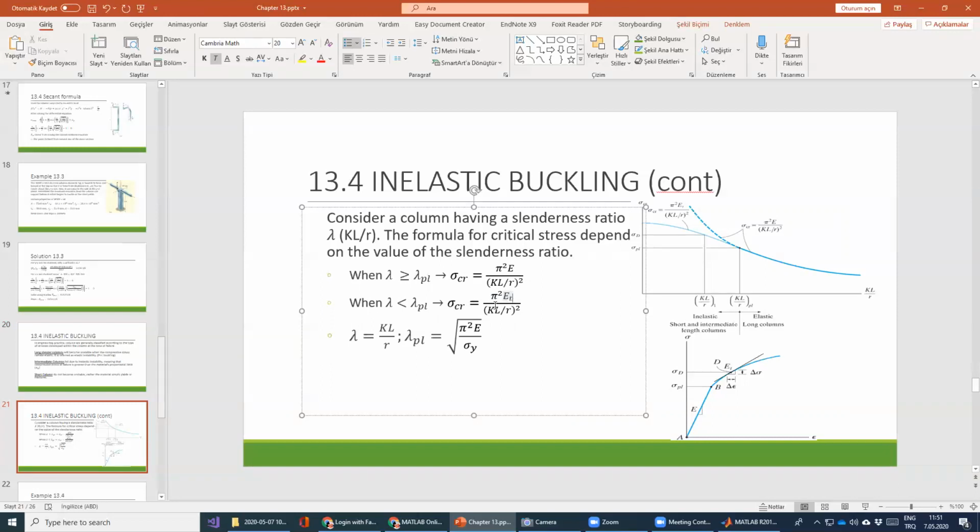We compute E_T and calculate the critical load using this formulation. Just compute lambda, compute lambda PL and compare. If the first case happens, no problem. If the second case happens, we find the additional modulus of elasticity and compute the critical load.